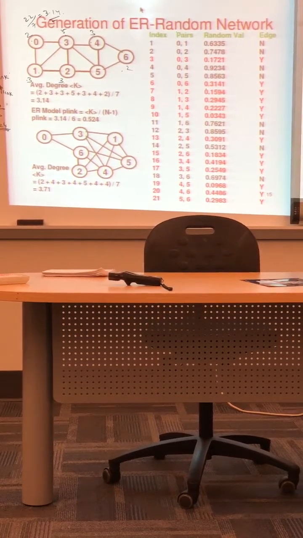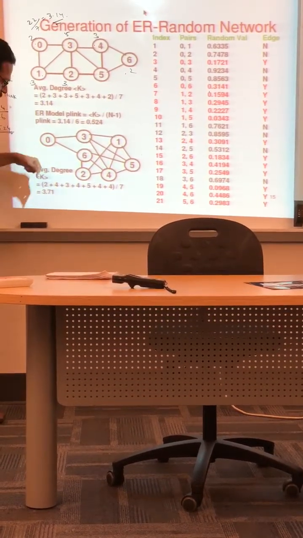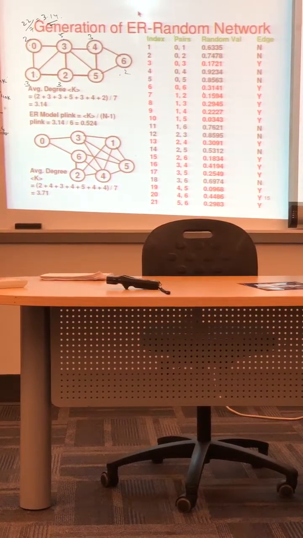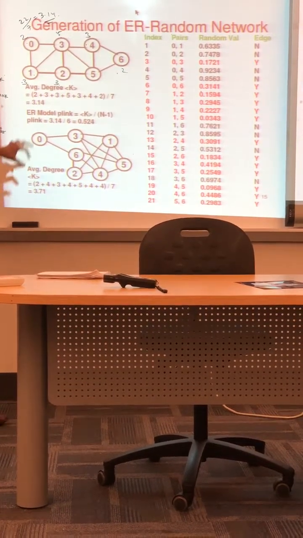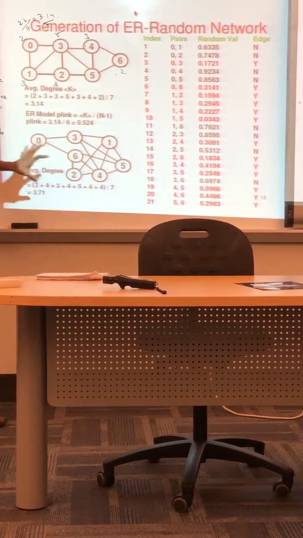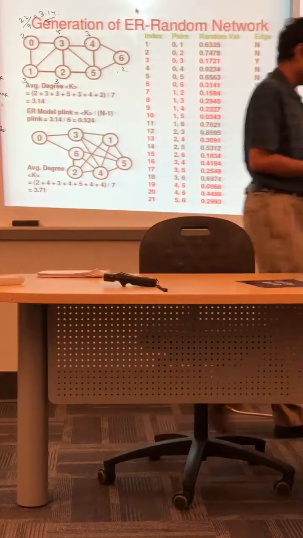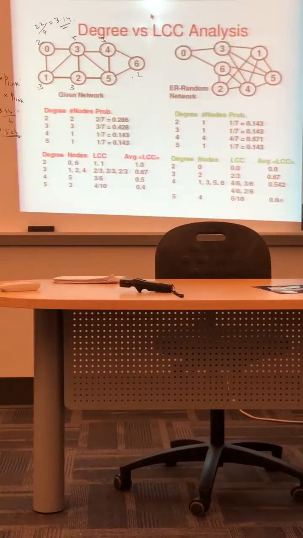So if you take a take-home on this module, be careful. You have to run it on your own. Okay. So once you get the random numbers, you can decide whether there's an edge between two vertices or not. All right. So is it clear?